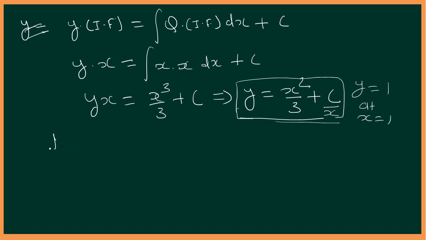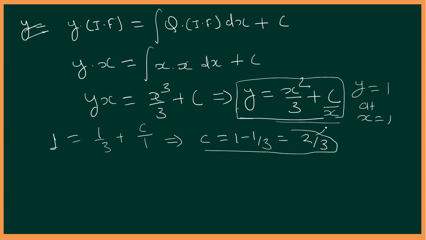So you will get 1 is equal to 1 by 3 plus c by 1, so you will get c equal to 1 minus 1 by 3, which means 2 by 3. Now put the value of c in this equation. So you will get the final answer y is equal to x square by 3 plus 2 by 3x. Okay.